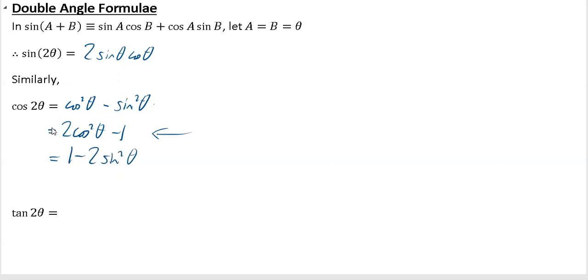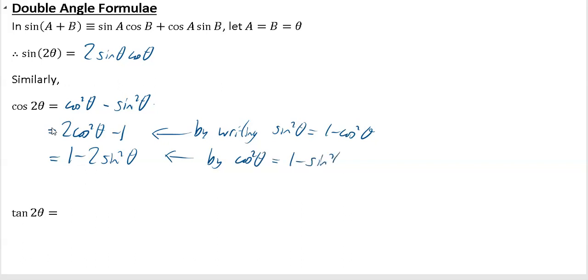How we got this one was by writing your sine squared equal to 1 minus cos squared, and the same idea for this one, you got this one by writing your cos squared theta equal to 1 minus sine squared theta. So really you have this one formula, but from it you can get two more formulas as well, so 3 formulas in total.